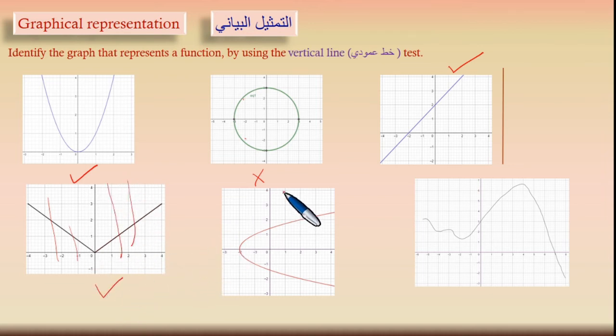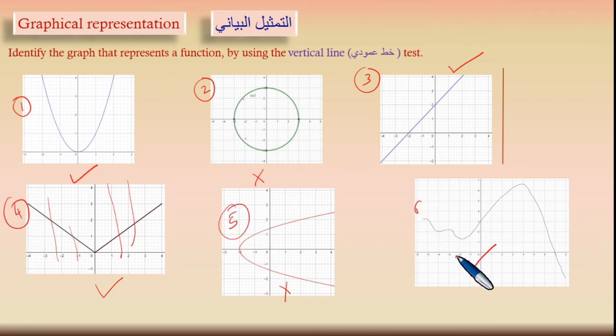But whereas if the straight line goes like this, it is touching at 2 points. So this is not a function. And this is a function. You can check with a scale or ruler in your book. So here the first one is a function, second one is not a function, third one is a function, fourth one is a function, fifth example is not a function, and sixth example is a function.